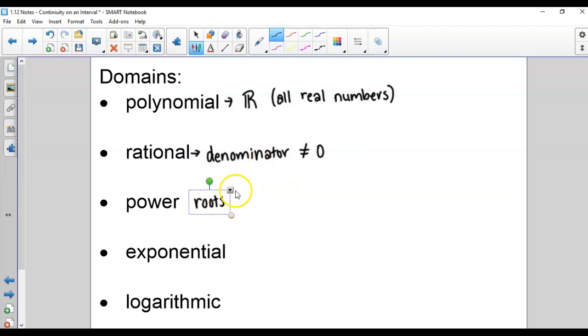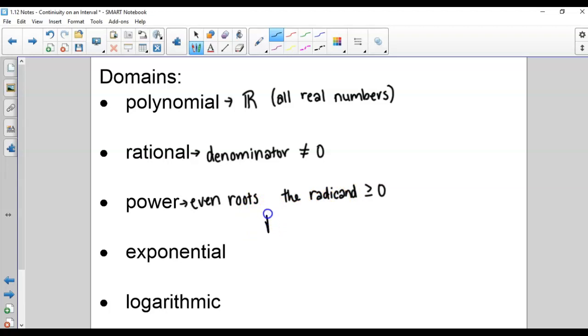Actually, I should say even roots. For even roots, the radicand, oh, that's a fancy word, is greater than or equal to 0. Radicand is a fancy word that means whatever is underneath the square root.